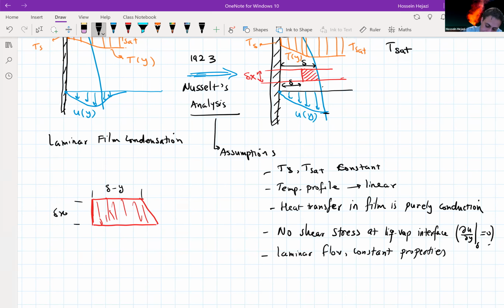plot the forces that are getting applied to this small element, what we have here is weight. So that's the one that's pulling the condensate down under gravity.